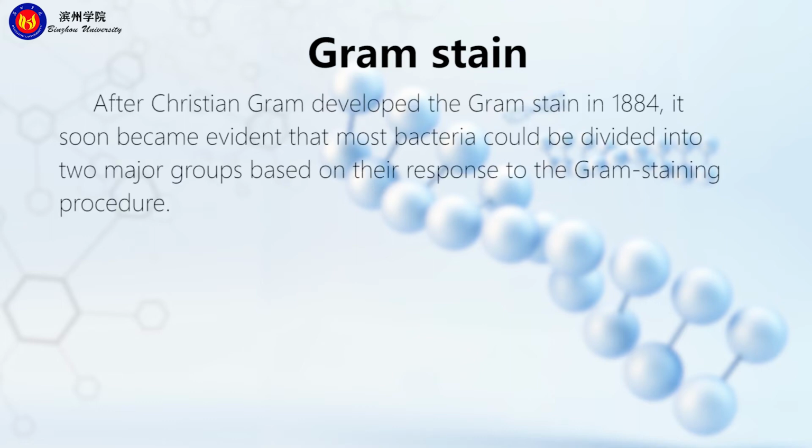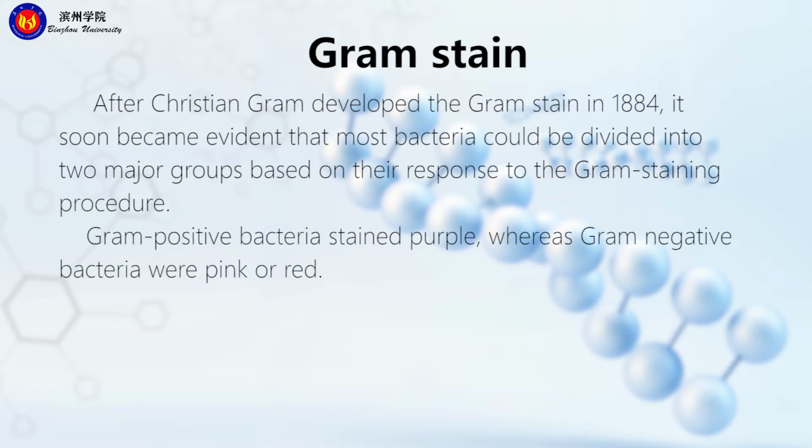After Christian Gram developed the Gram-Stain in 1884, it soon became evident that most bacteria could be divided into two major groups based on their response to the Gram-staining procedure. Gram-positive bacteria stained purple, whereas Gram-negative bacteria were pink or red.